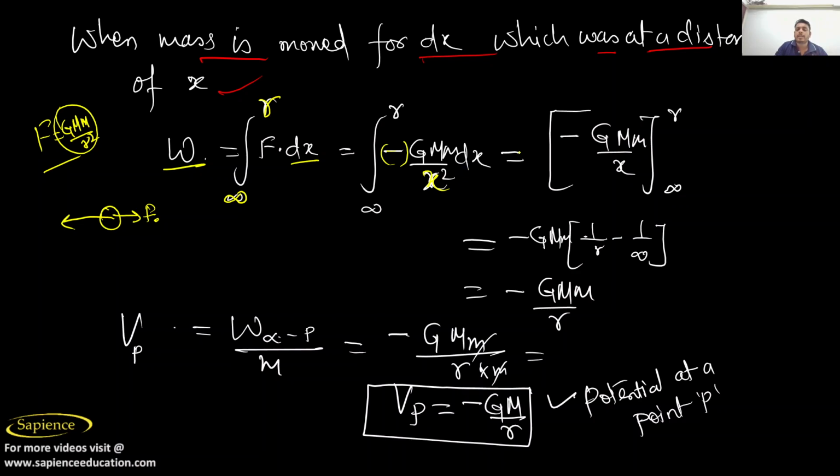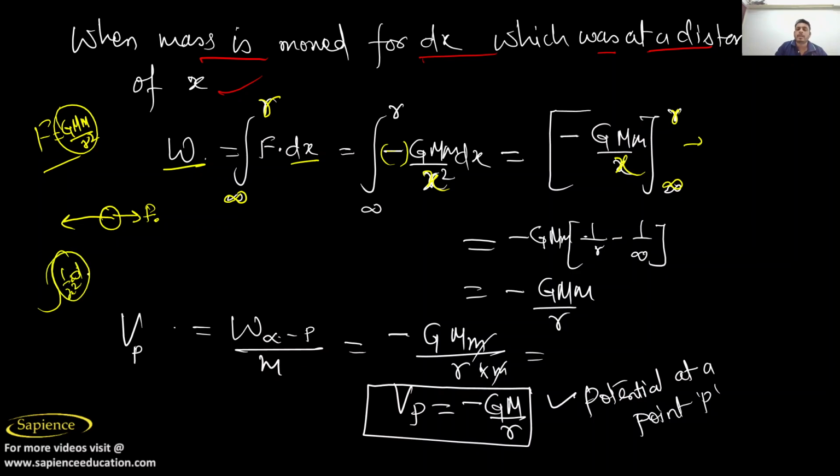So as you integrate it, what will happen? The small m will be there as a constant, and the limits are from infinity to R. You should know about integration, because you need to integrate 1 by x square into dx.